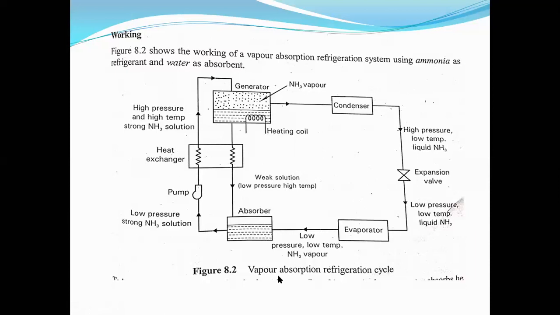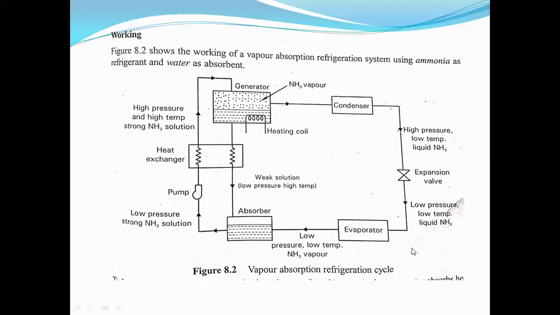So in the vapor absorption refrigeration cycle, two components are used, one refrigerant and one absorbent: the refrigerant is water and the absorbent is lithium bromide, or the refrigerant is ammonia and the absorbent is water. Like that, we are going to use the combination.